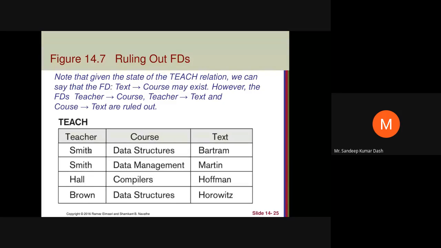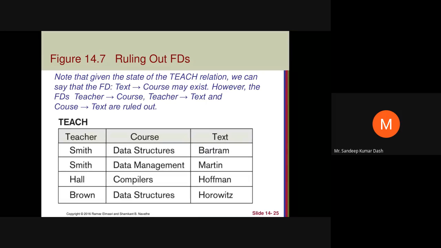If you are writing Smith here and Smith here, and this is data structure, this is data structure, for these two this is fine. But at the moment when I insert this particular row, the functional dependency will no more hold. Because if I am inserting Smith, I must have inserted data structures in the course. But if I insert something else, the functional dependency will no longer be valid. Fine, sir.